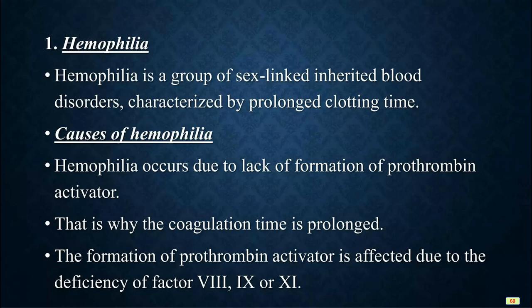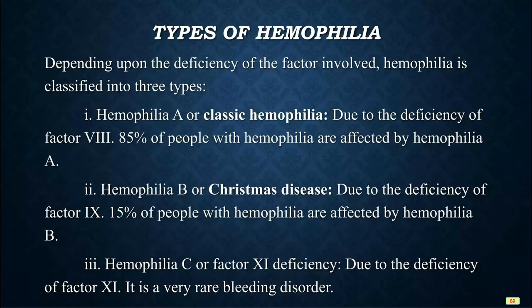The coagulation time is prolonged because multiple factors are involved, and the formation of prothrombin activator is affected due to the deficiency of factors 8, 9, and 11. Hemophilia is, of course, less common in animals.